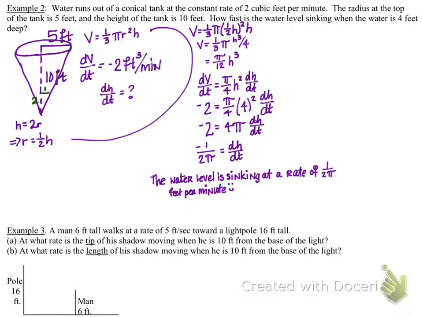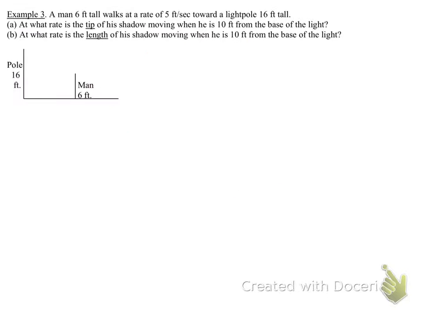Okay, folks, now we're moving on to a shadow problem. Our favorites. So shadow problems almost invariably involve similar triangles. A man 6 feet tall walks at a rate of 5 feet per second towards a light pole 16 feet tall.